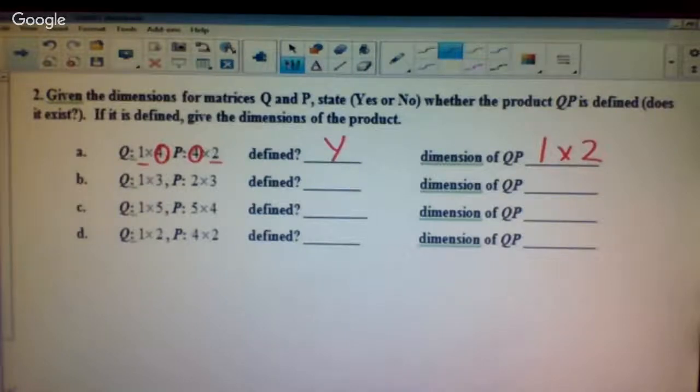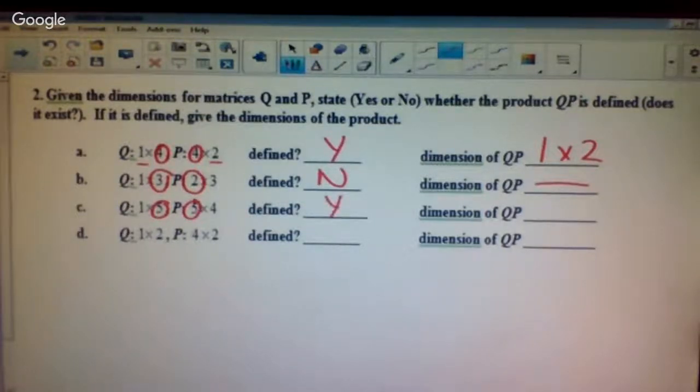So take a look at B. 1 by 3 and a 2 by 3. I need to compare these two first. Do they match? No. This is automatically a no, which means you have no dimension. Okay. C. I've got a 5 and a 5.